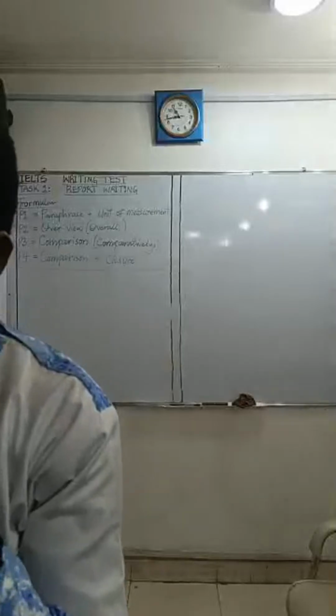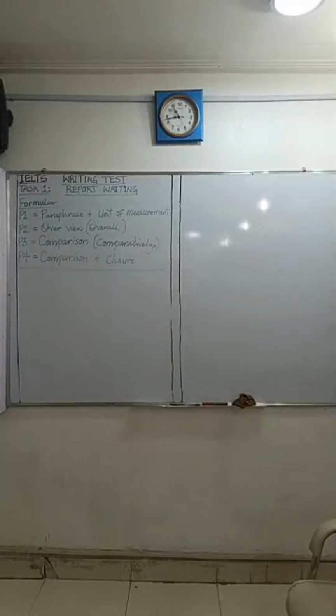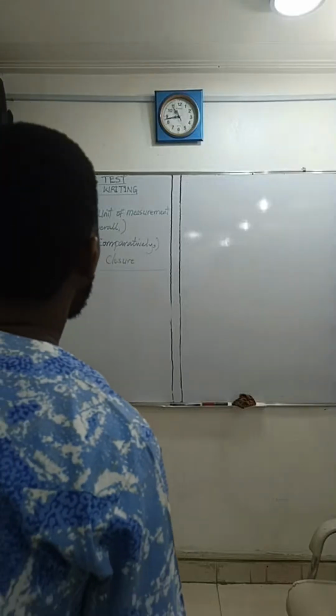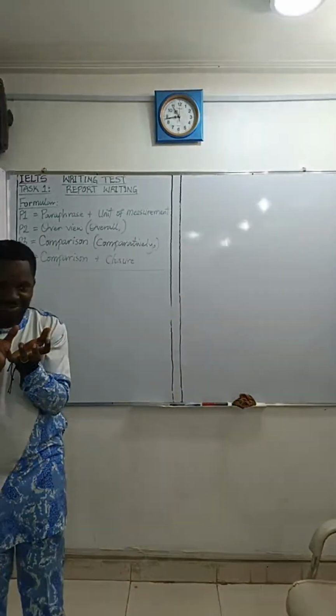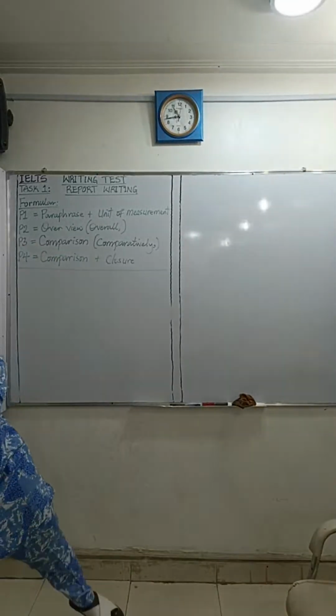So you should begin with the word overall. Your second paragraph should begin with the word overall. Overall here would try to capture the entire idea on the chart.